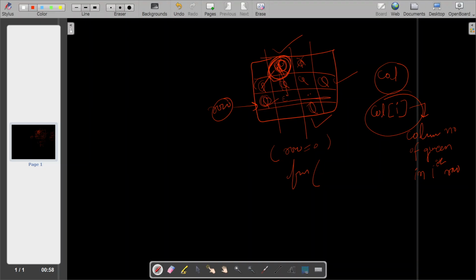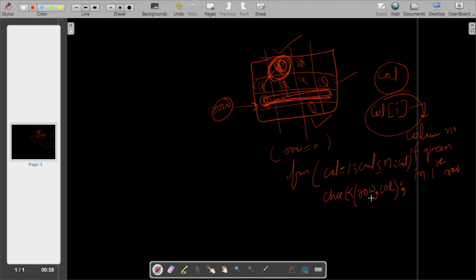All these columns, from column 1 to n, are the possible cases where I can place. Now I will check whether I can place a queen in this row and this column or not.